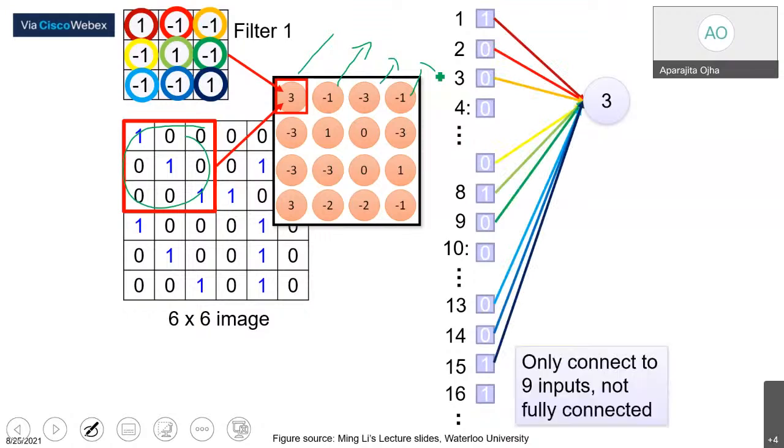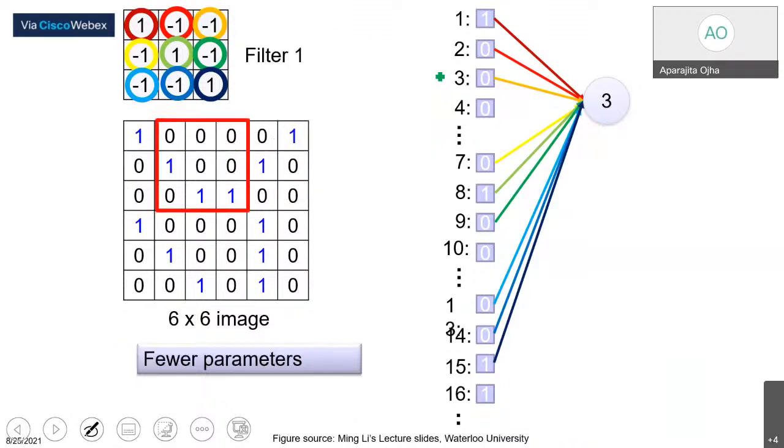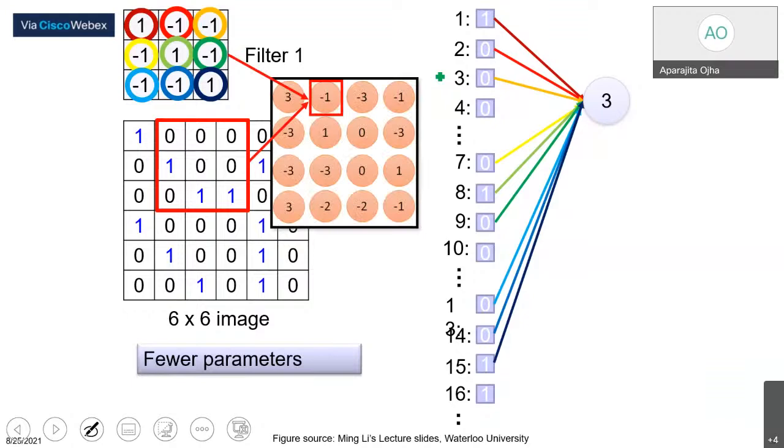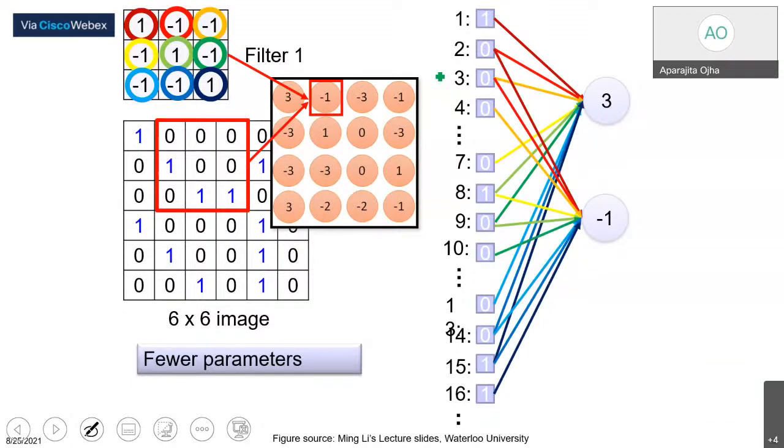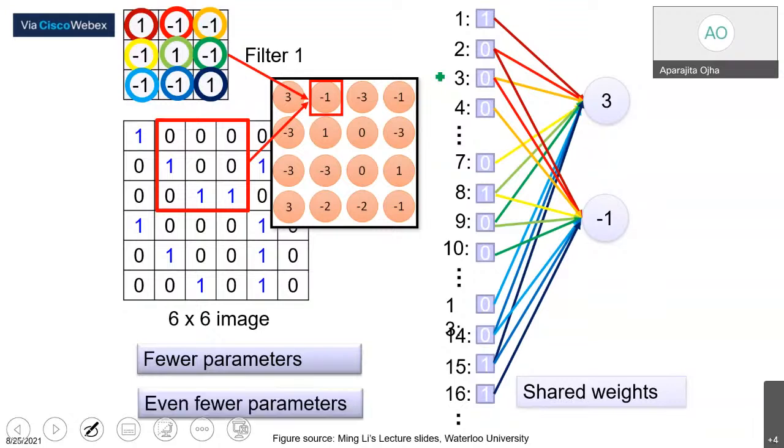Now, you see that you have very few parameters, and so fewer parameters is one advantage. One is that a convolutional neural network has sparse connections. Instead of a fully connected connection, it has a sparse connection. Secondly, the parameters are shared. The same shared weights are used, so you have even fewer parameters.